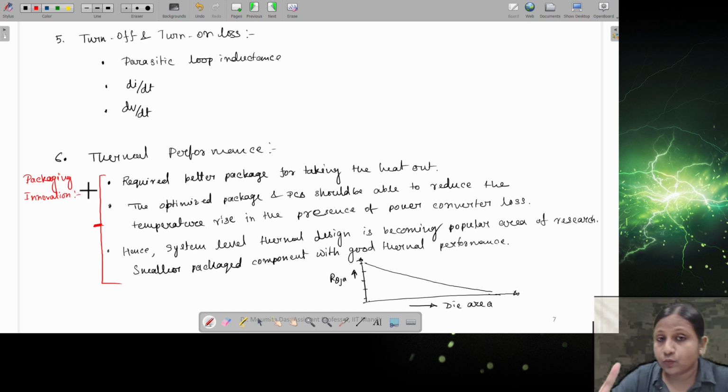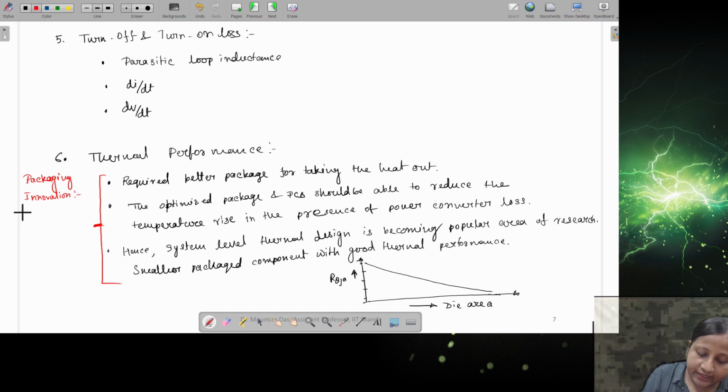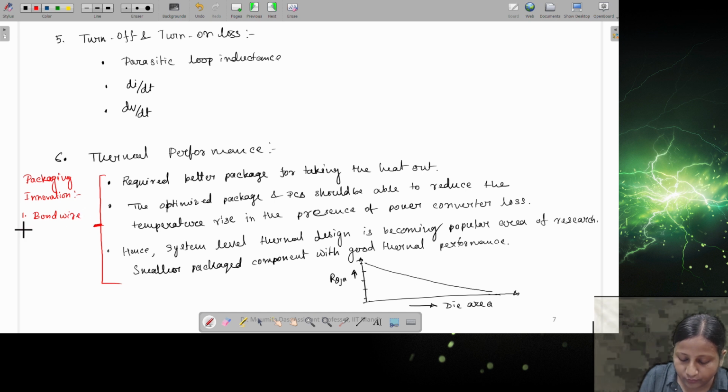How can that be done? One example I can give: in the packaging innovation in devices, some devices have bond wire, right? Instead of using that, we can go for this hot rod connection.